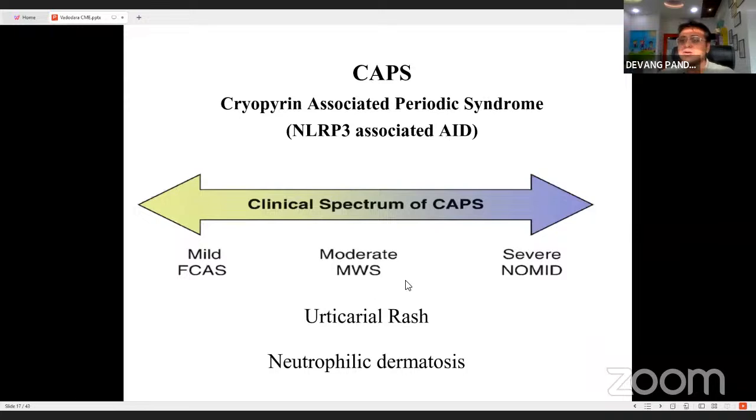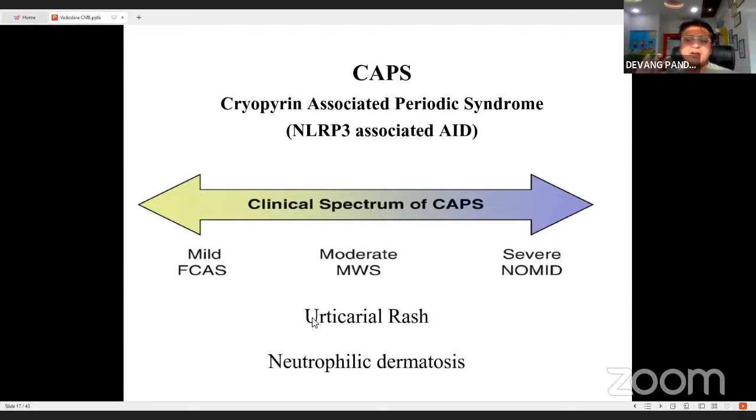Now, another disorder in inflammosomopathy, also IL-1 mediated, is CAPS, cryopyrin associated periodic syndromes. It is divided into 3 parts according to clinical severity. But the commonest feature of all is urticarial rash.